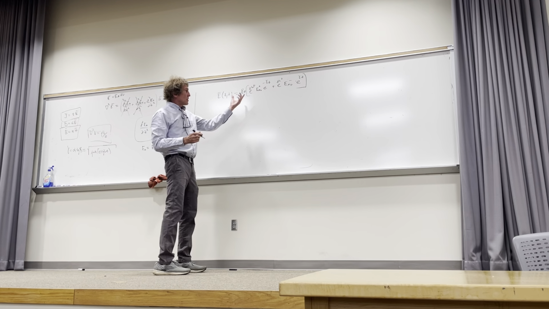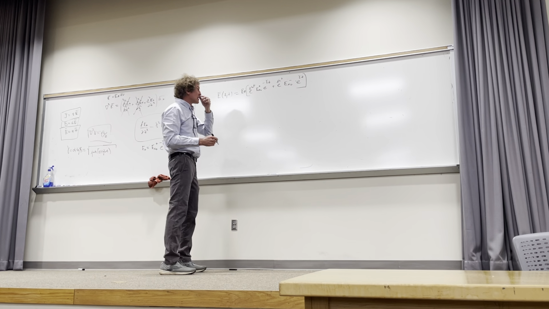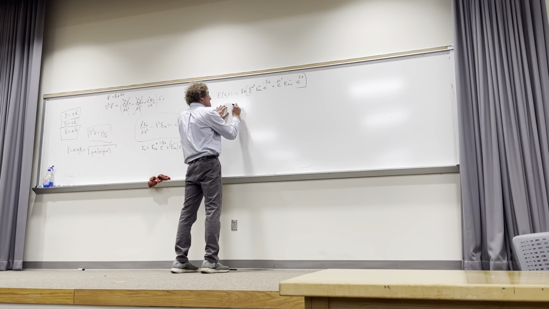You pretty much know I'm going to end up getting a cosine out of this thing, right? You can see that happen. So what I'm going to do is say this.